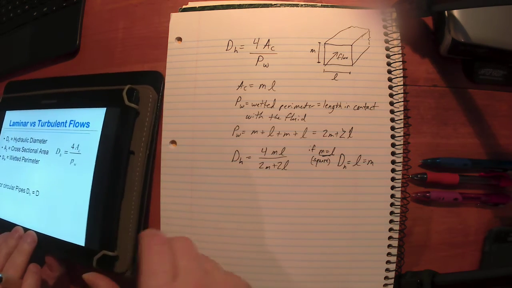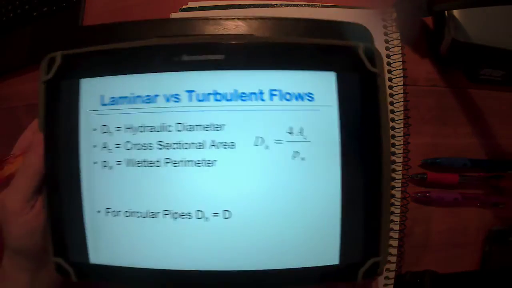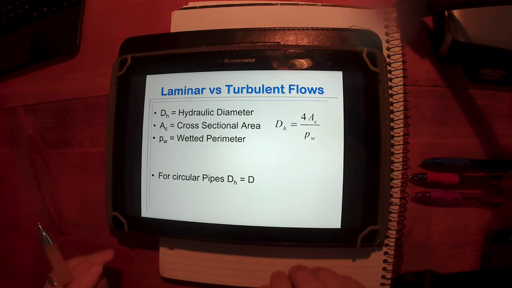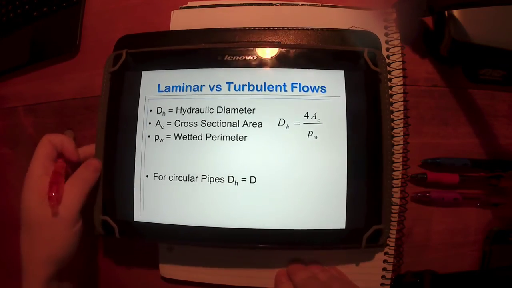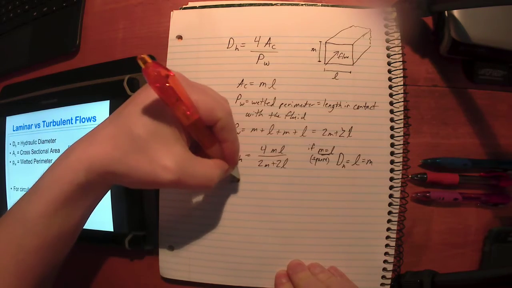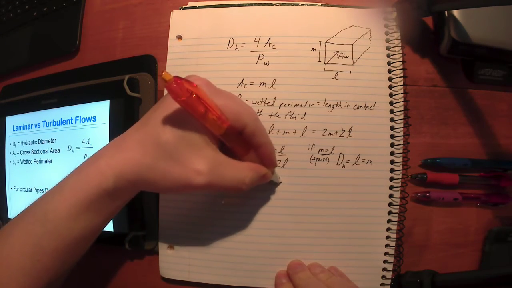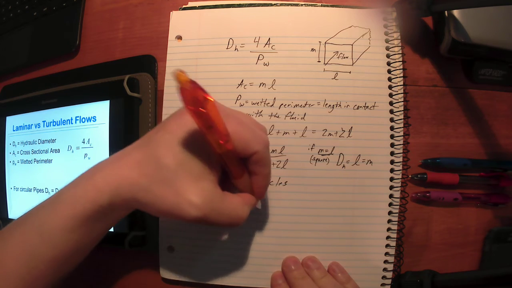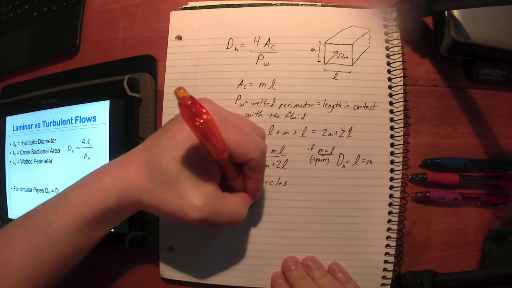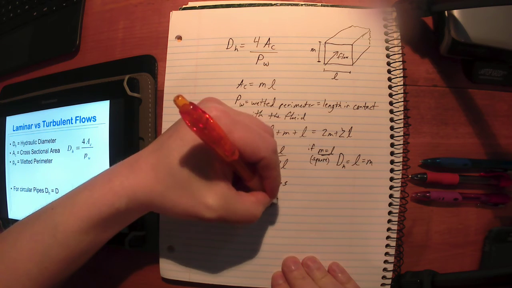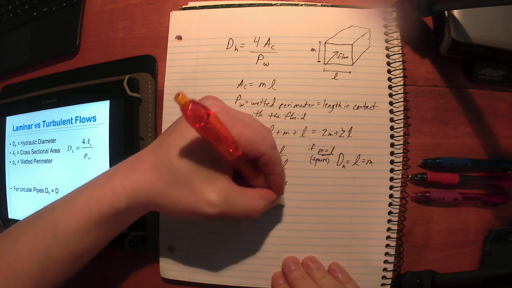Now we also say down here, normally we're going to deal with circular pipes. We've already talked about why. For circular pipes, that hydraulic diameter is just simply the diameter of the pipe, and we can see that pretty easily. Same principle. I'm going to go through this pretty quick. That's 4 times the cross-sectional area, that's pi d squared over 4.